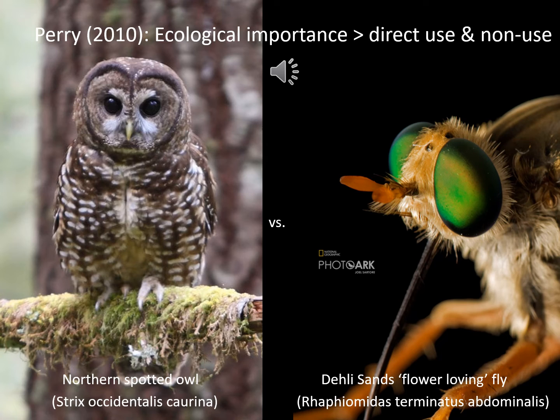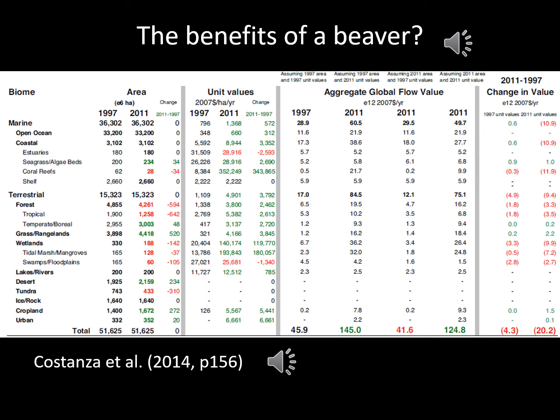By contrast, the flower-loving fly has less charisma but is the only pollinator in a sand dune ecosystem in California. Which species should receive a higher conservation priority? Can we introduce some of the lessons from this cost-effectiveness analysis on species conservation to help inform us on cost-benefit analysis?